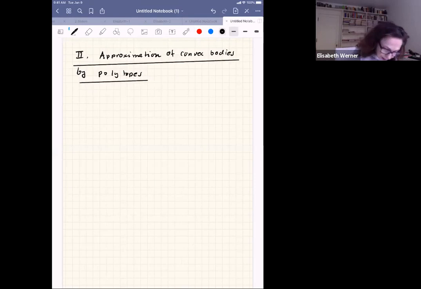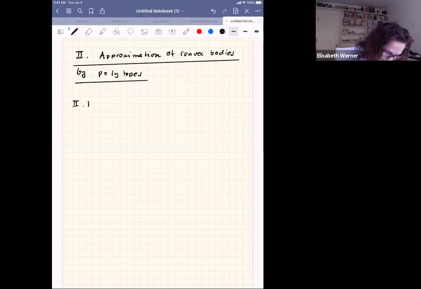I want to start with the first approximation result, where we actually get an algorithm that constructs for us an approximating polytope. And so that is 2.1.